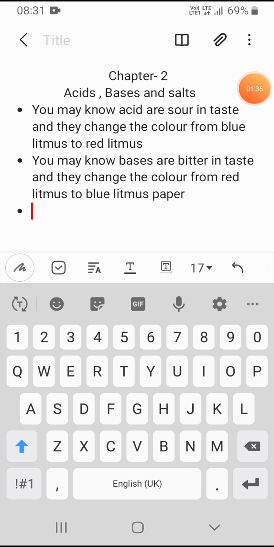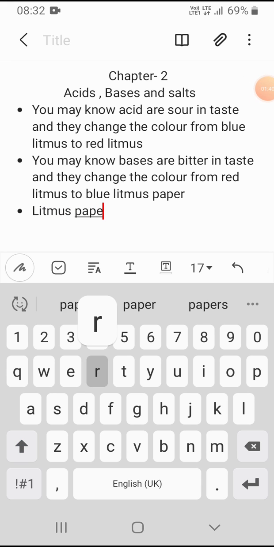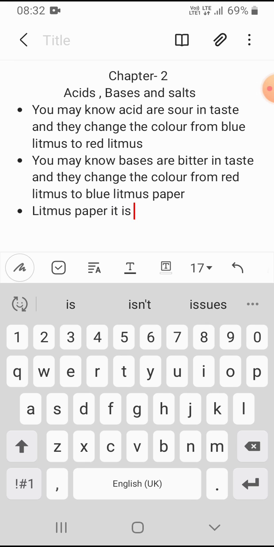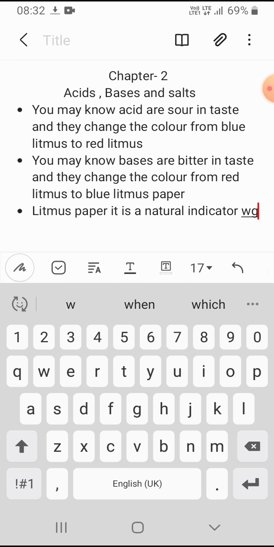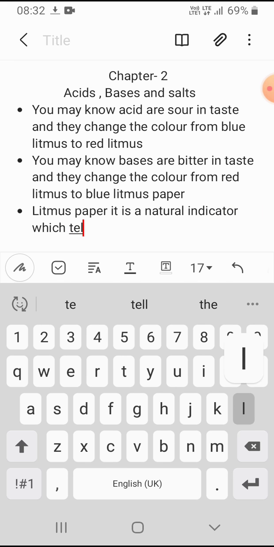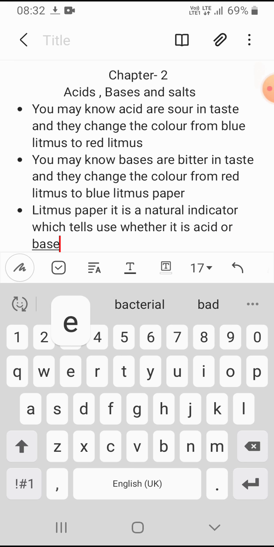So what is litmus paper? It is a natural indicator which tells us whether it is acid or base.